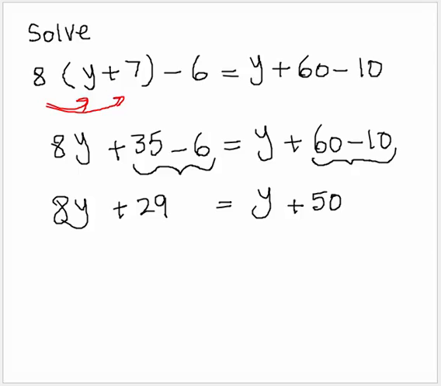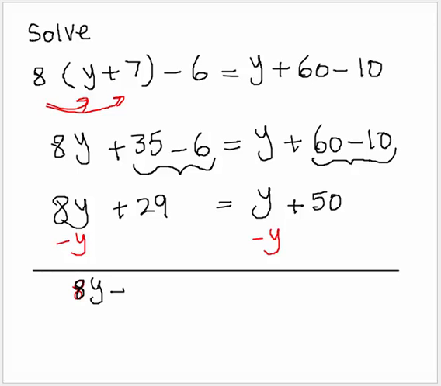If you do that, you would get 8y minus y plus 29 is equal to 50. You notice that when you do this, y moves from right hand side to the left hand side, and its sign will change to its opposite sign.